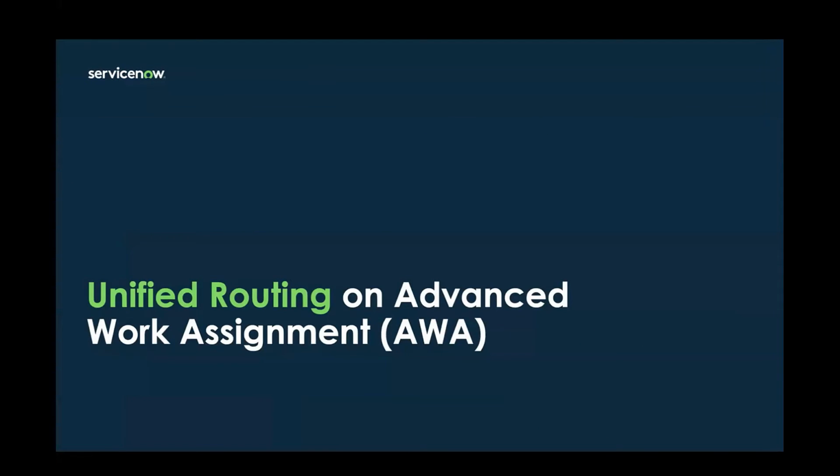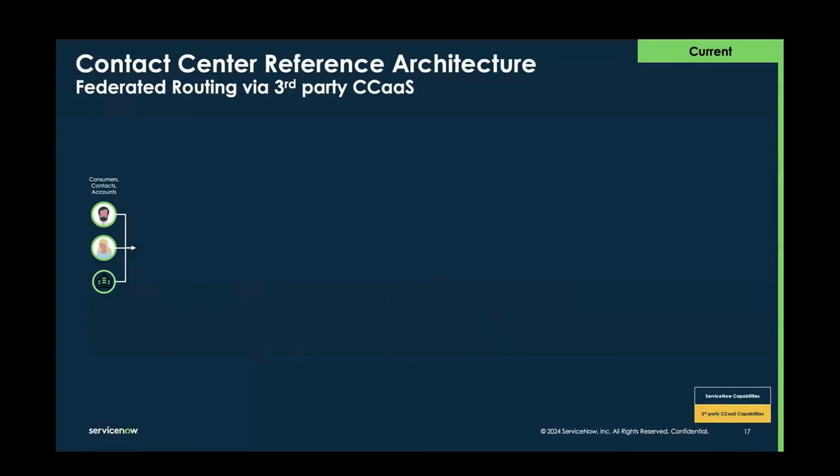So now we will get directly into what unified routing means on AWA. This is the current contact center reference architecture we have today, where it's a federated routing via third party.